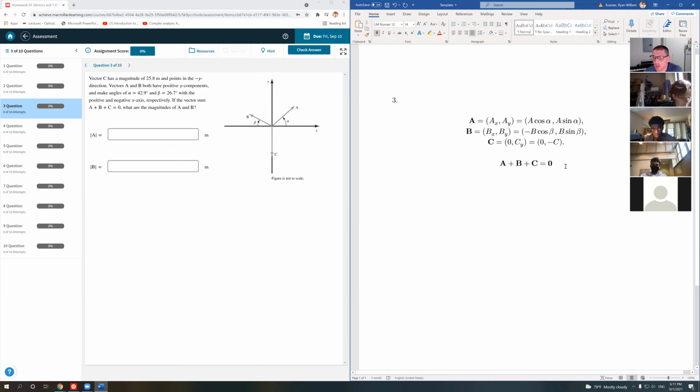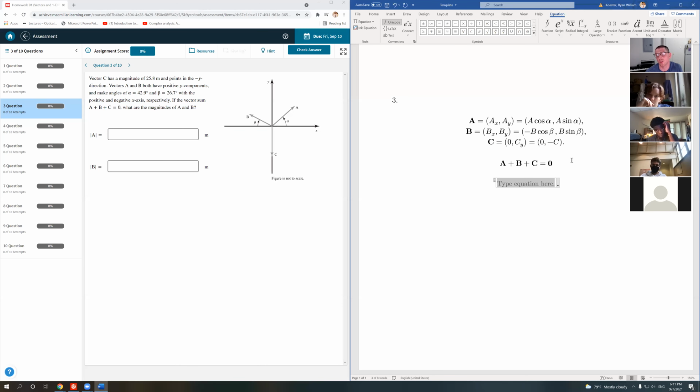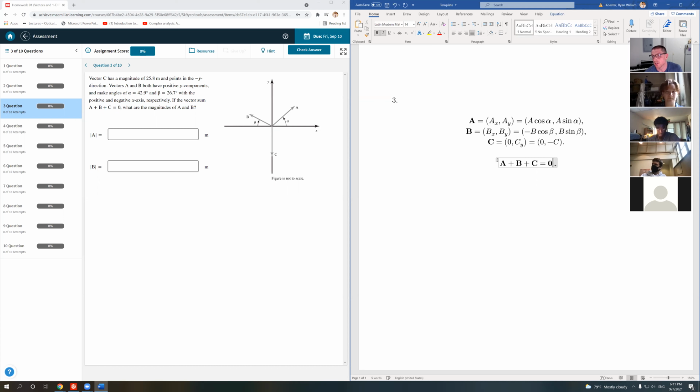And so then what we can do is look at the sum of all the components separately. Let me do this.